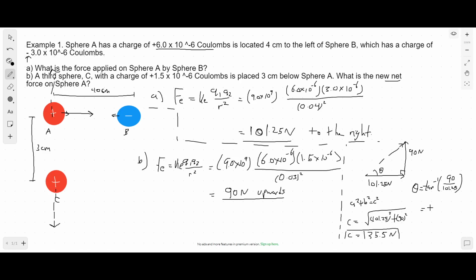That will give us a value of 41.6 degrees. All right, so we know that as a result of these two charges, sphere A will feel a 135.5 Newton force 41.6 degrees above the horizontal.